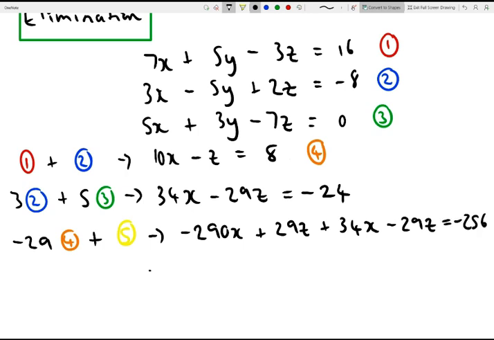Simplifying this a bit further gives minus 256x equals minus 256, which implies that x is 1.